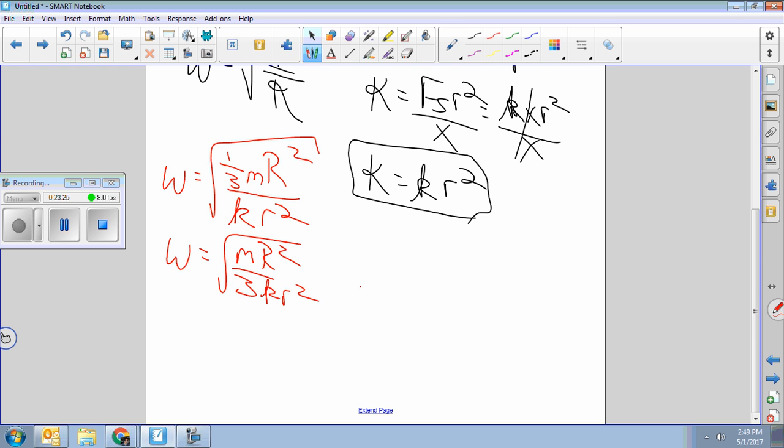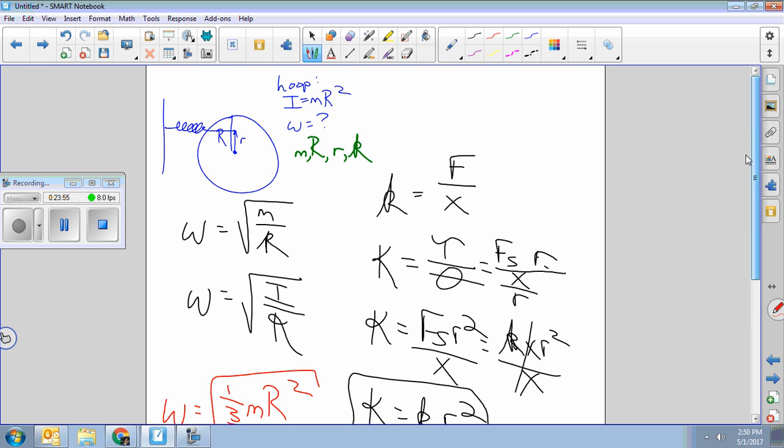Is it K over I? If it was K over I with no 1/3, then it's... I remember 5 minutes ago when I said I should check my notes before I go too far down this rabbit hole. I thought a hoop was just one. Oh, well, all the particles are at the same distance from the center, so it's just m r squared.